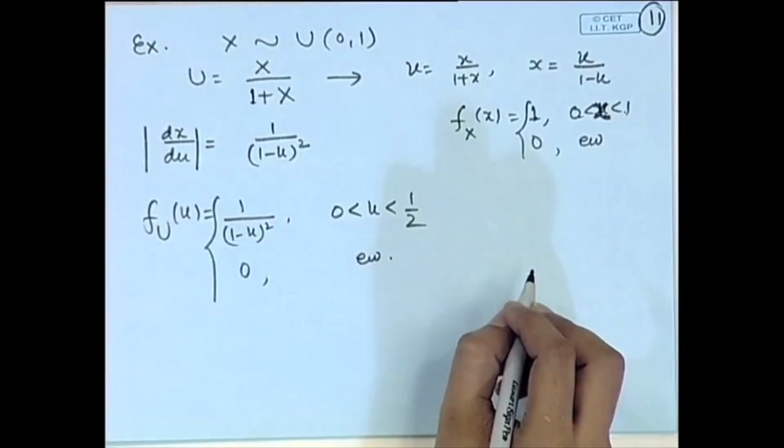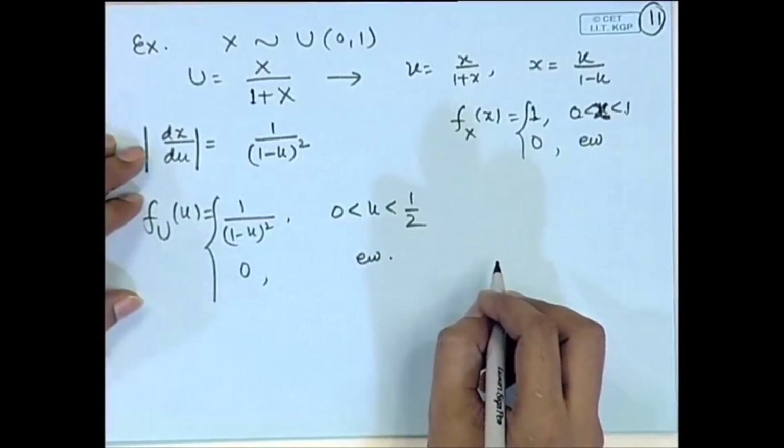Many times the function g(x) may not be a one to one function, it may be a many one function. For example, y equal to x square, or y equal to modulus x. In that case, the function is from R to R, with its domain and range.